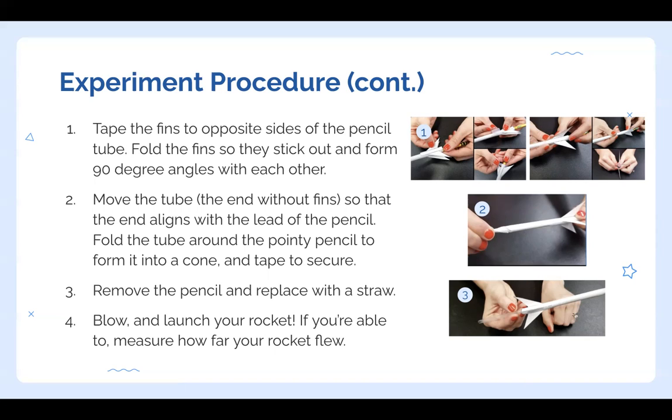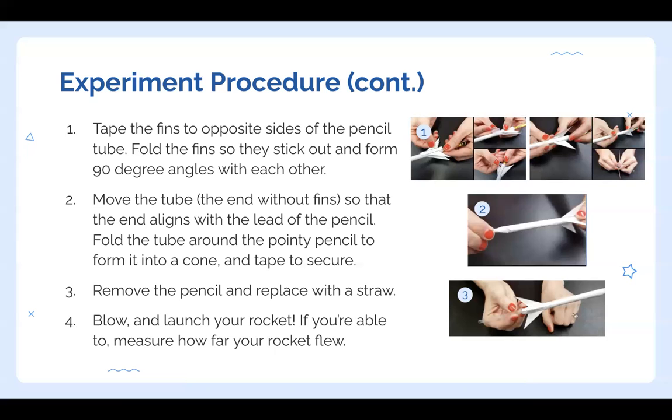And now you're going to push the paper tube down the pencil until the end aligns with your sharpened pencil tip. And now what you're going to do is wrap or squish the paper rectangle down around the pencil tip so that it forms this sharpened cone.